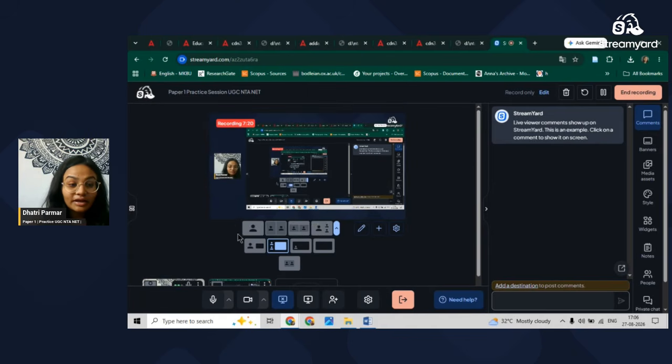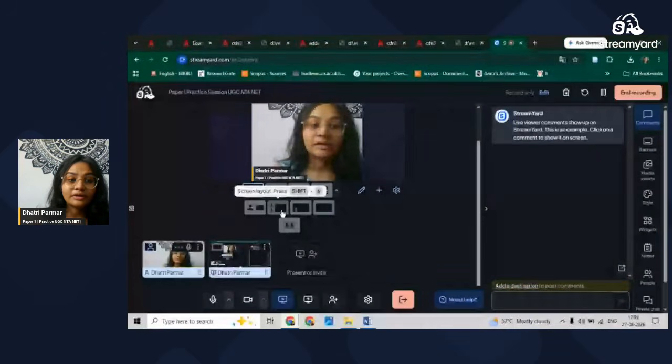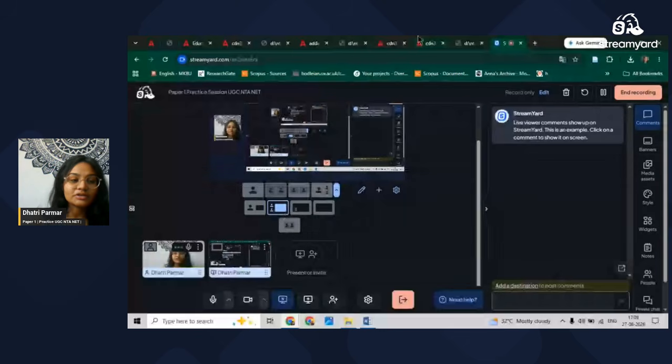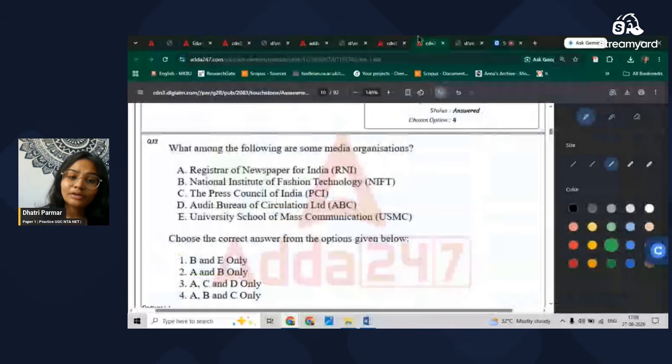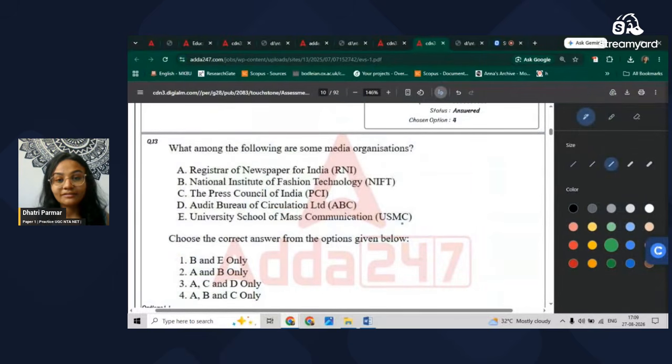Till now we have covered more than 10 questions, and we covered more than 7 to 8 questions. Now let's move to the next question: what among the following are some media organizations? We can get it from the keyword, and that is media organization. Let's read the options: Registrar of Newspapers of India, National Institute of Fashion Technology.